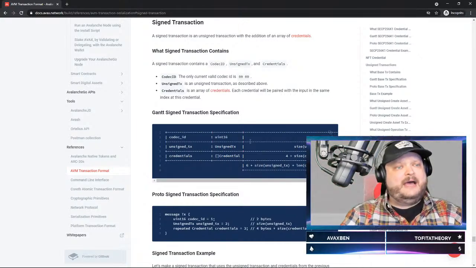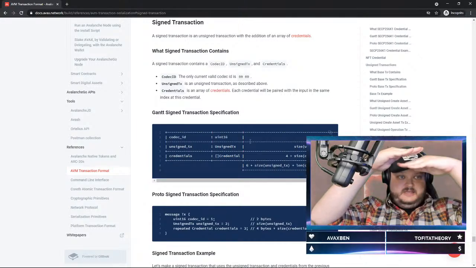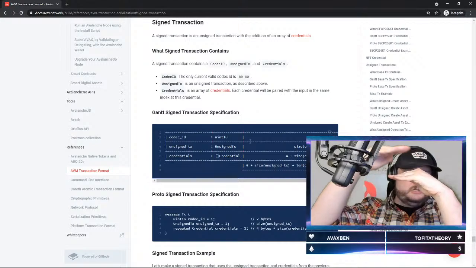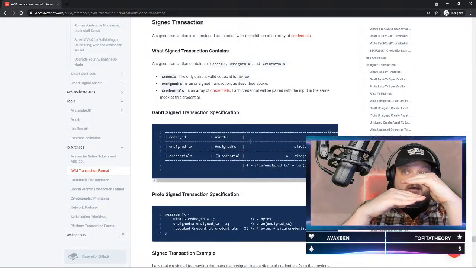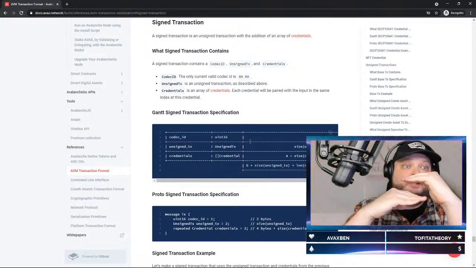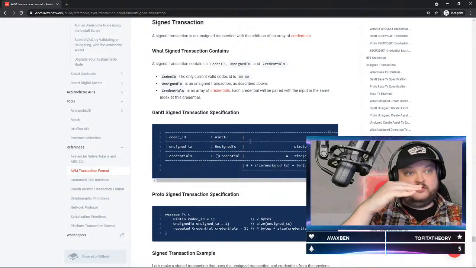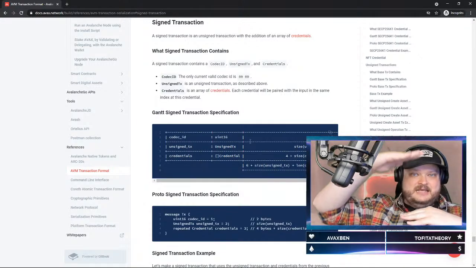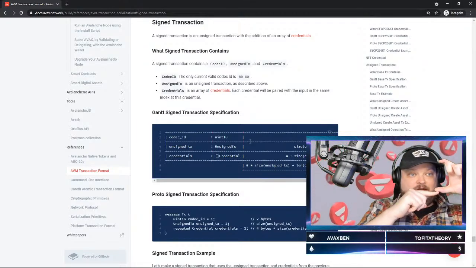So I guess from the outside in, you have a signed transaction, and then it contains an unsigned transaction, and then it contains basically input to output types, signed transferable output types, and then that has credentials on the bottom. So it's like this stacked cake, where the signed transaction itself has the credentials on the bottom.